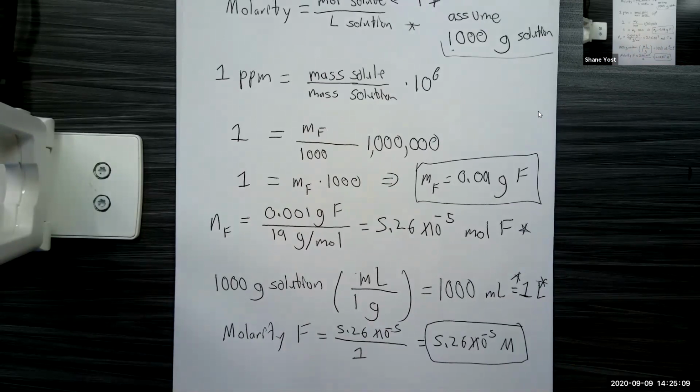You'll get that exact same molarity no matter what total amount you assume. You can assume 1 gram, 1,000,000 grams, whatever you want. You can do the problem without making that assumption, but it makes things a lot more annoying.